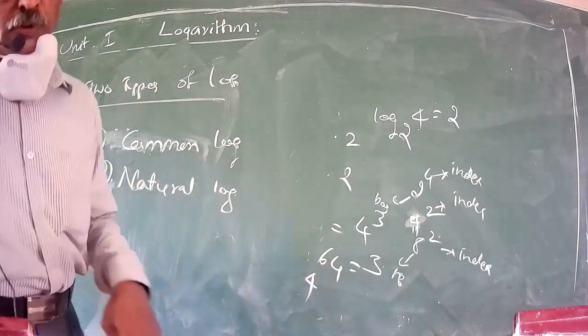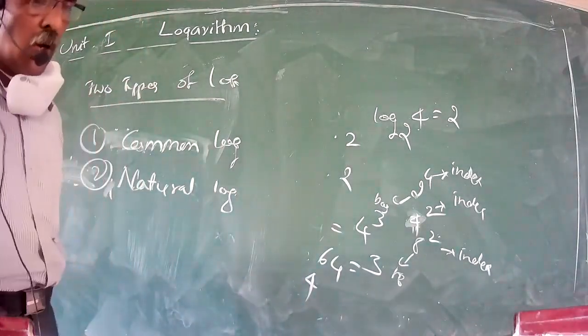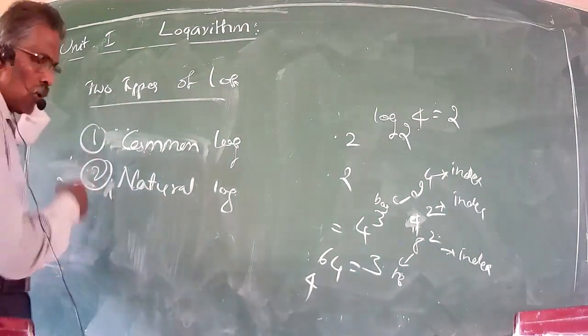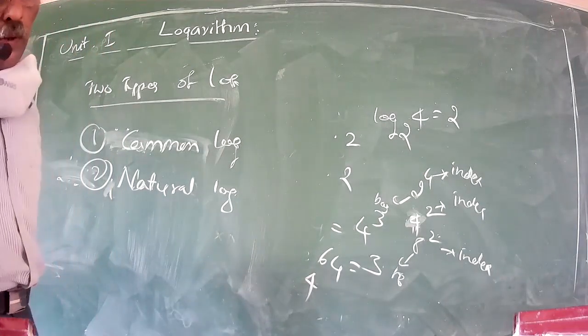The common logarithm is to the base 10. The logarithms to the base 10 are called common logarithms, and logarithms to the base e are called natural logarithms.